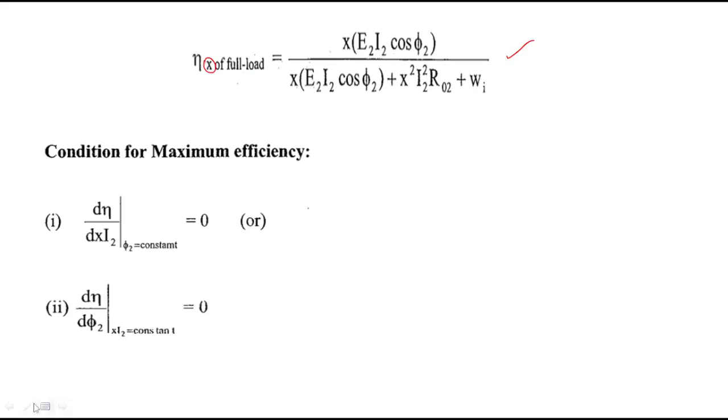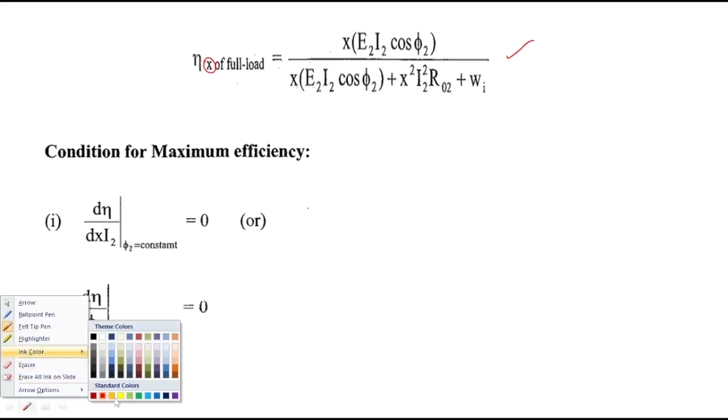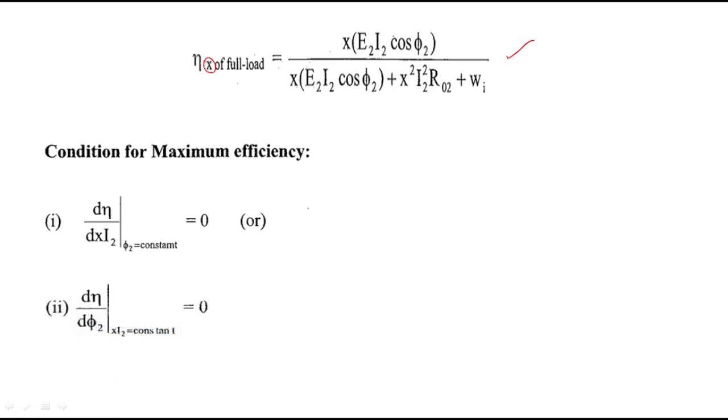In this, what are the variable parameters? Current is variable, and the power factor is variable, because with the variation of the load, the power factor of the transformer changes. What about E2?